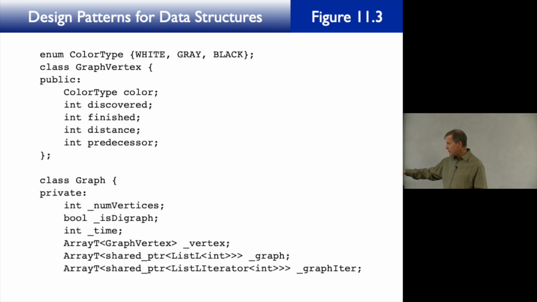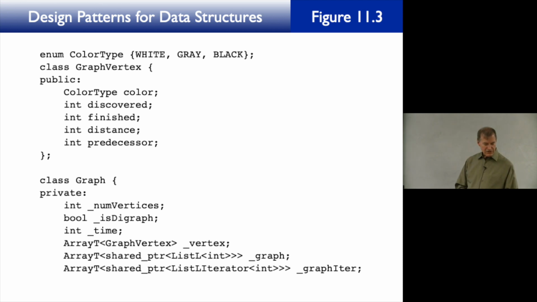The name is graph iter, and it's an array of list iterators of ints. We'll have to review how the iterator works; you might have forgotten that. If we didn't have that iterator, we'd have to program our own linked list for the adjacency node. We want to reuse what we already had.